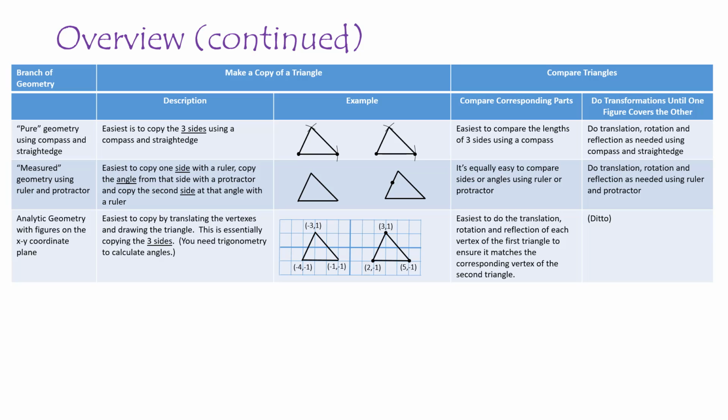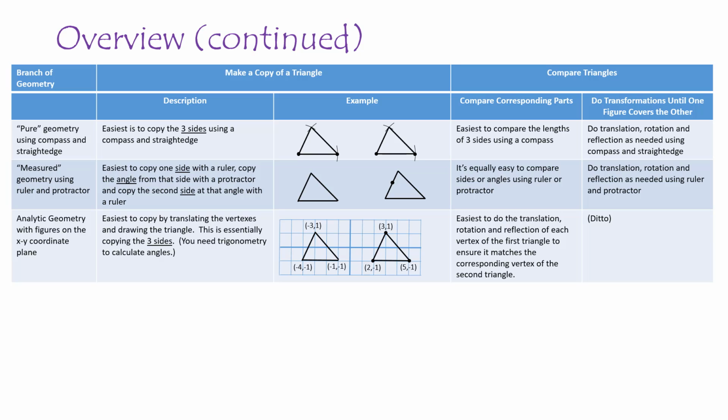But the easiest way in pure geometry is just to compare the lengths of the three sides. And again, you're focusing on the sides. With measured geometry, it's easier. You can compare the sides or the angles, so you have more flexibility there. For both of those, you can do these transformations, but it's a much more laborious process, and it would take you a long time.